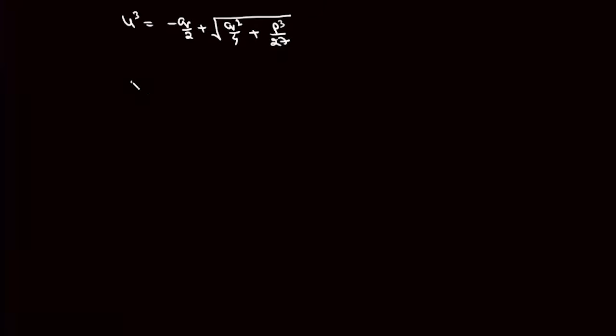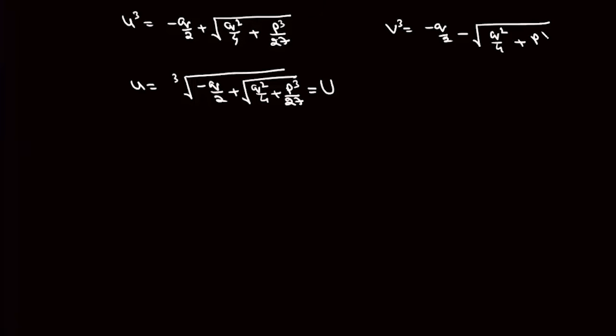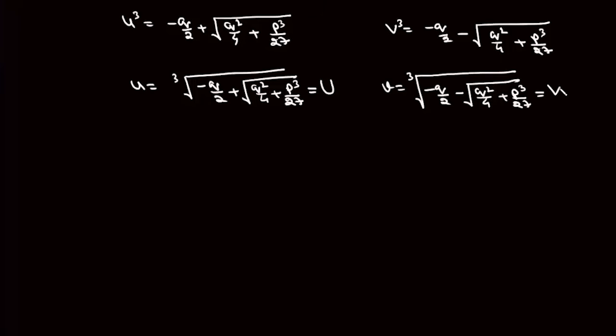What we have done here is we have taken this u as cube root of minus q by 2 plus under root of q square by 4 plus p cube by 27 and let it be some capital U. The same way, v is cube root of minus q by 2 minus under root of q square by 4 plus p cube by 27, and this is capital V.